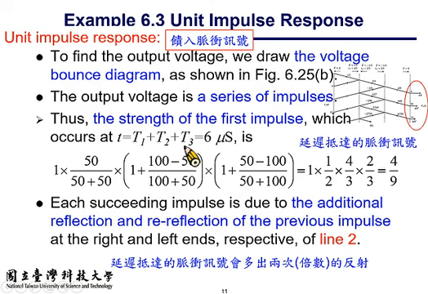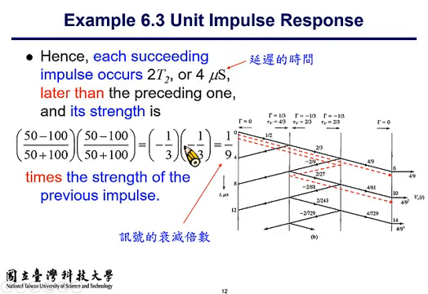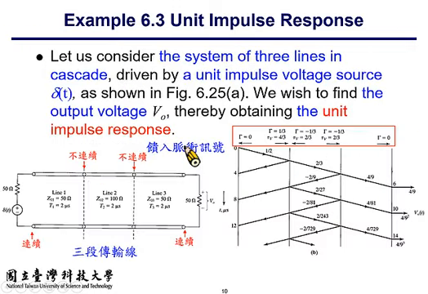Before we proceed with the formulation of the bouncing diagram, we need to calculate some basic parameters of the line, that is, the reflection coefficient at the interface. Here is the reflection coefficient and transmission coefficient looking from section 1 to section 2.